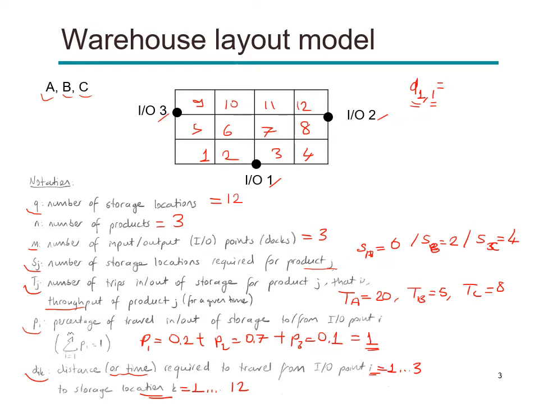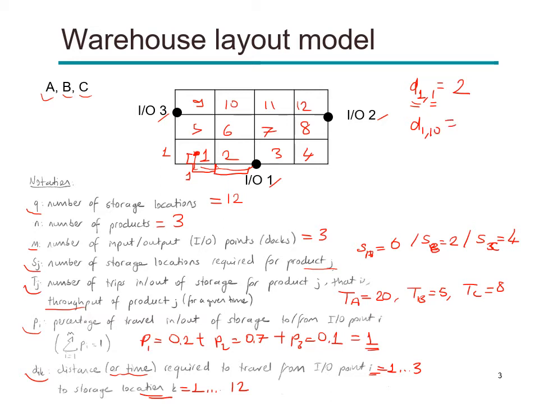So basically we are looking at the distance between this input output location and the center of this first storage location. And if we assume that these grids are 1 meter, okay, then we have 1 plus 0.5 plus 0.5. So it will be 2. D11 will be 2.